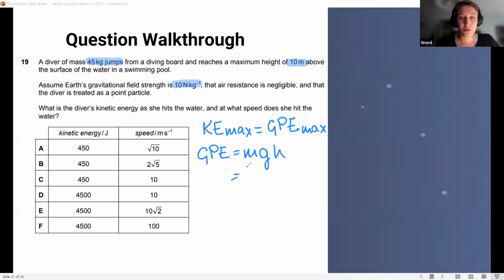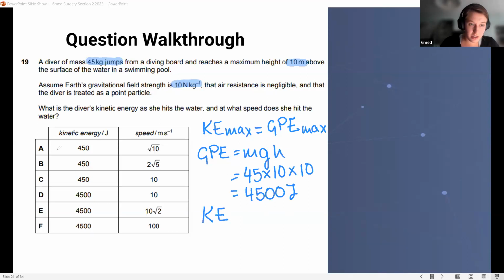That would be 45 times 10 times 10, which would give you 4,500 joules. And we know that's equal to our maximum kinetic energy. So we can use our kinetic energy equation.